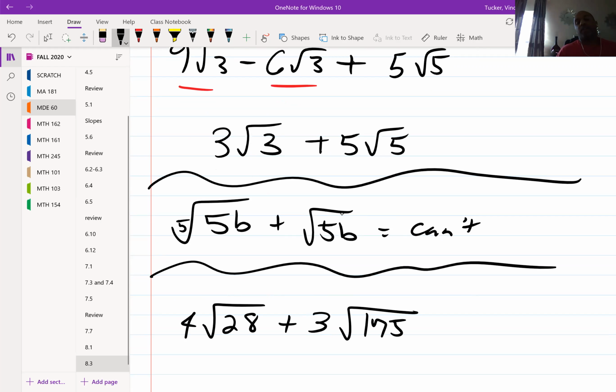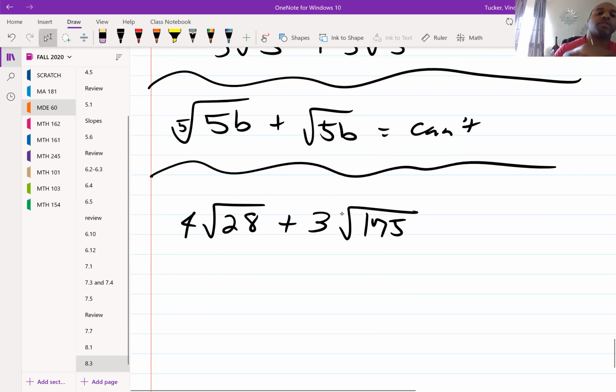All right, so now here, before you can make the declaration that it cannot be done, you have to simplify as much as possible first. So you know that the index of your radicals are the same. So you try to simplify the square root of 28 and the square root of 175 first to see if you can manipulate the problem to make those radicands the same.